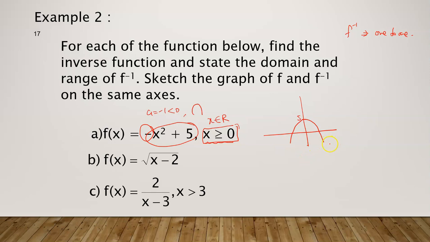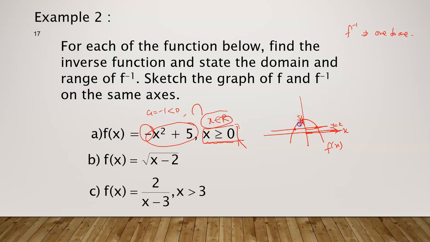If I test f(x) with a domain of x real numbers, this is the domain, this is your x, so all the line here, and then we test with the horizontal line y equals k, there are 2 points of intersection. If 2 points of intersection exist, it is not one-to-one. So that's why this question is rephrased with a new condition, that we just consider the domain x greater than or equal to 0, meaning that we just consider this part here.